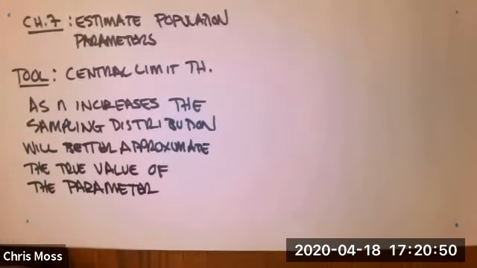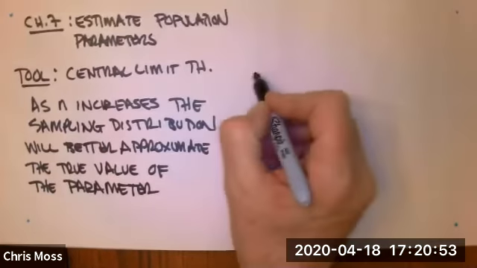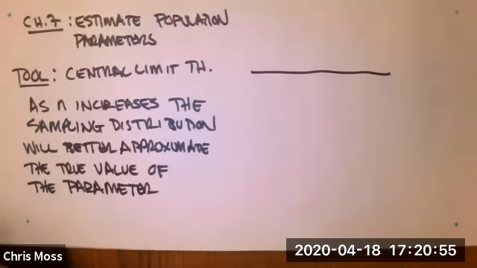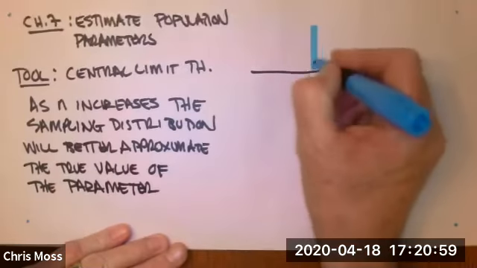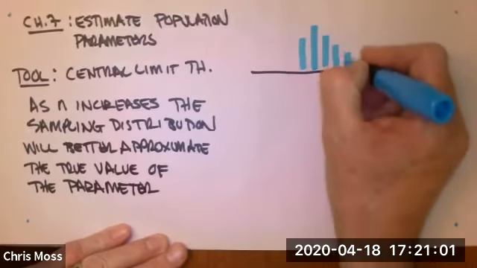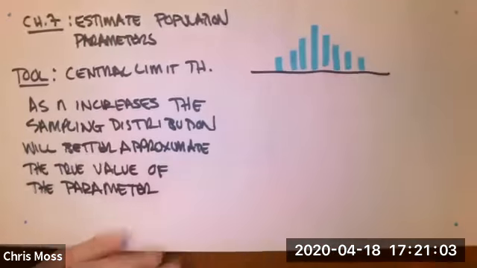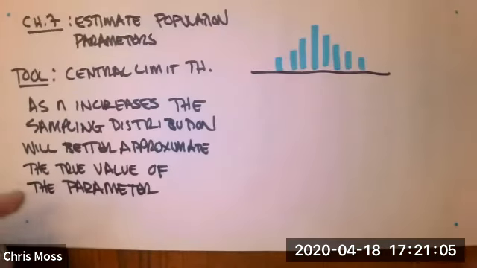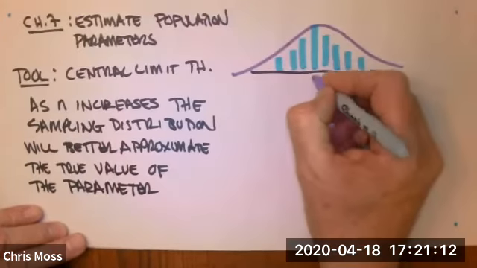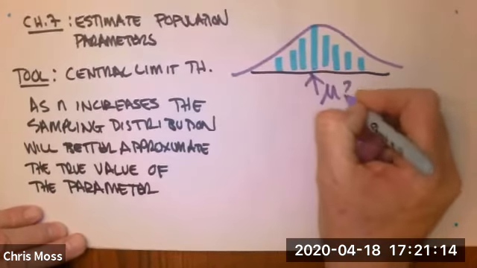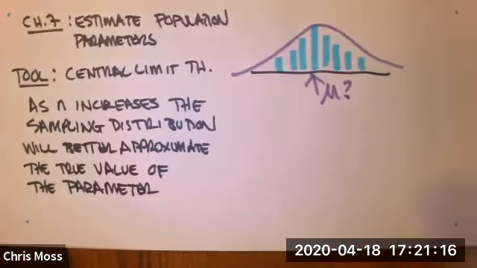In terms of a picture or two, when my sample size is small and I were to take many samples, I would get a distribution that's fairly spread out. Perhaps the true parameter might be somewhere in there, but there's a wide range of values.